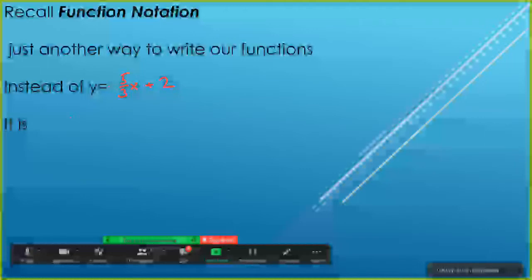We write it like this, f of x equals 5 thirds x plus 2. The only thing that's different is how we write it. And this doesn't mean f times x. It means the function, its name is f. Function's name is f.